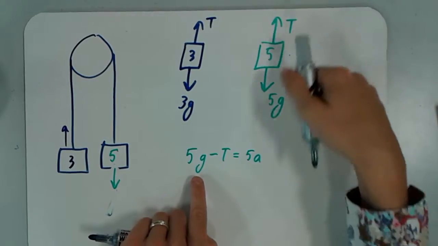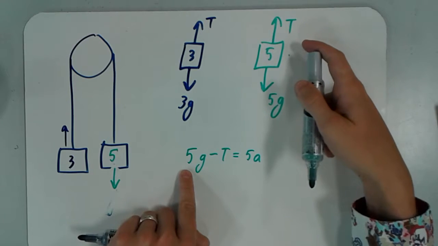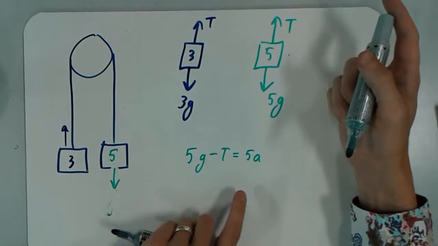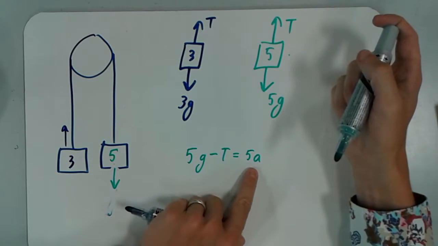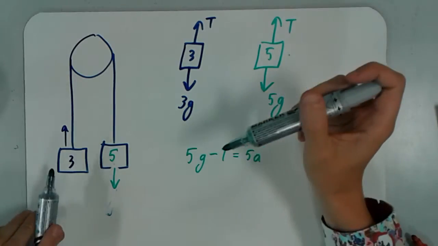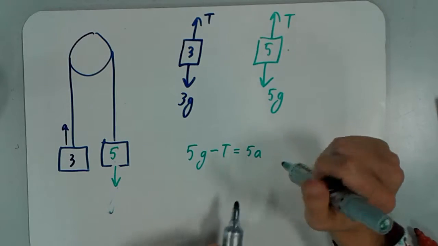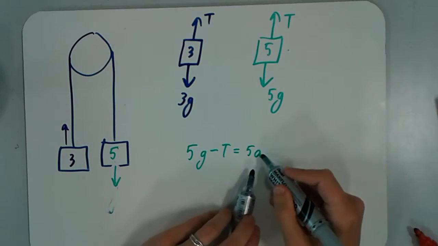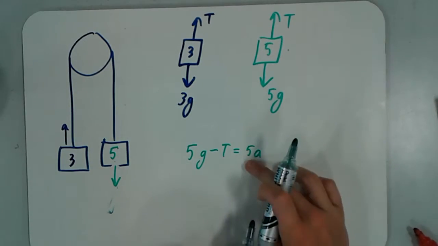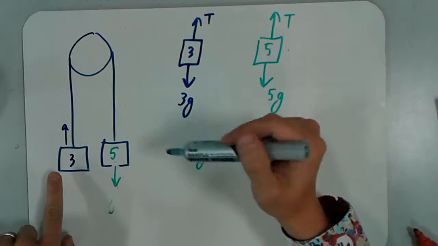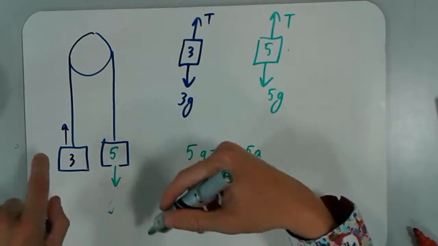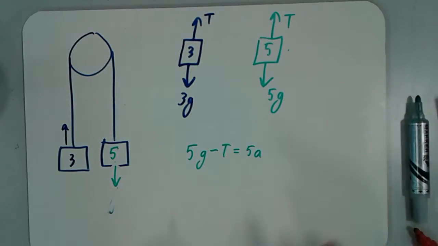We know it's moving this way, so this must be the greater force. In this case, we're going to treat acceleration as a scalar because one will be accelerating that way, the other will be accelerating this way. We're just worried about the size of it. We can't say which direction it's moving in because they're both moving in different directions.